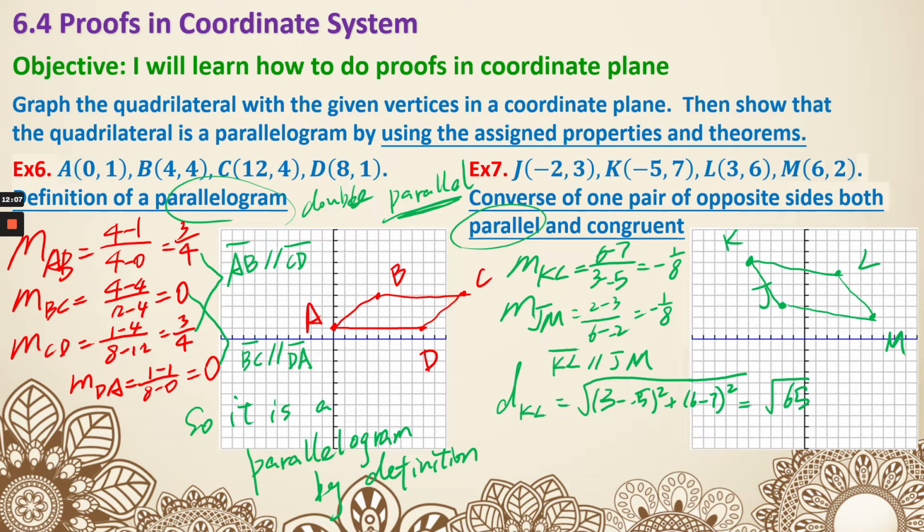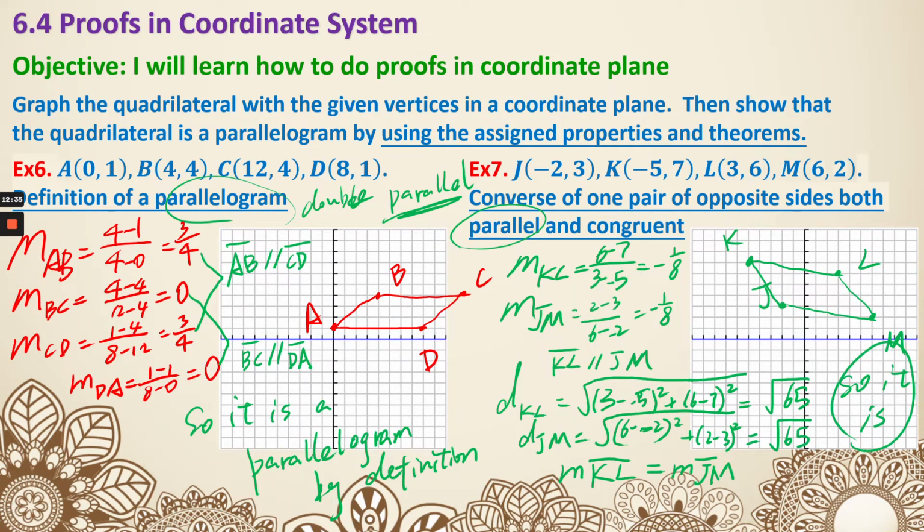And of course, I can use the same thing for JM: 6 minus -2 squared, plus 2 minus 3 squared. That is also going to be the square root of 65. They are the same. I can conclude KL, the measurement of that, is the same as the measurement of JM. So now I can say it is a parallelogram. That is example 7.